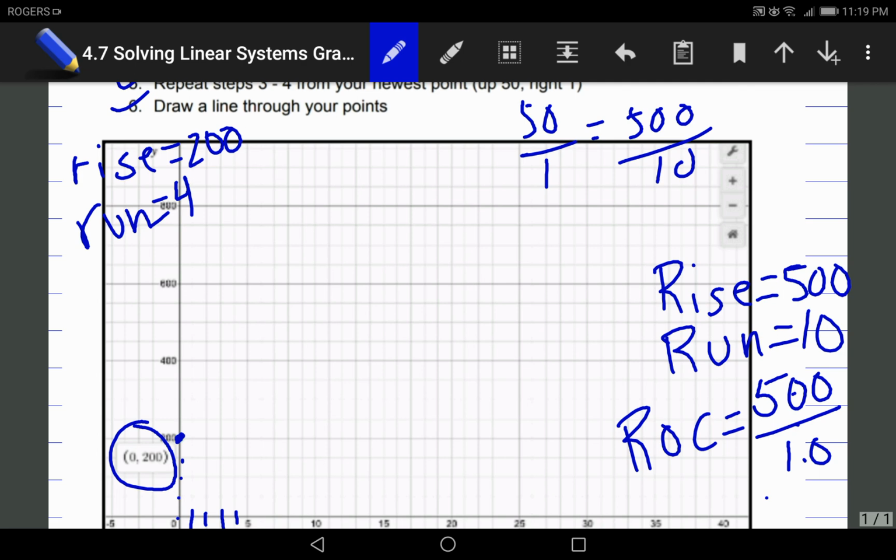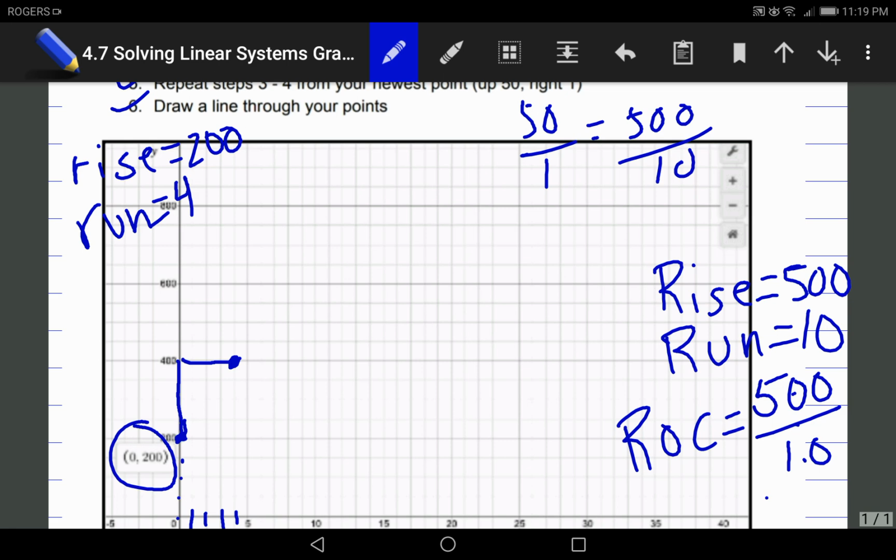So let's go up 200. From 200 to 400 is my rise. Then I run a total of 4. So 4 would be to the right about there. Draw across. There's your new point.